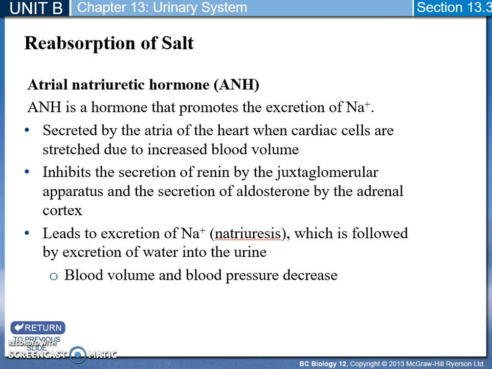Atrial natriuretic hormone is a hormone that promotes the excretion of sodium. It's secreted by the atria of the heart when cardiac muscles are stretched due to increased blood volume. This inhibits the secretion of renin by the juxtaglomerular apparatus, and the secretion of aldosterone by the adrenal cortex.